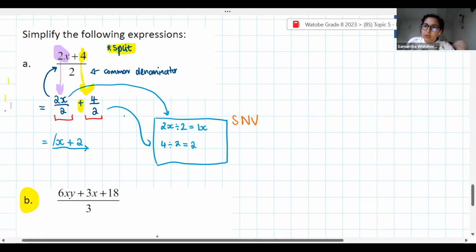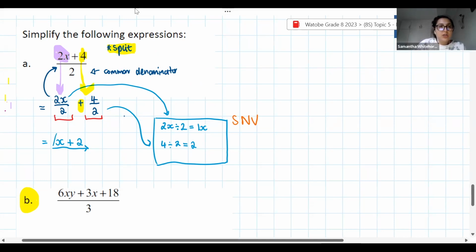So if you go get the recording, you can see earlier on in the lesson my explanation of SNV, but it means signs, numbers, variables. Then in terms of Fanela's question, do you need to simplify? Fanela, you always need to simplify, but remember, you only simplify if they are like terms.